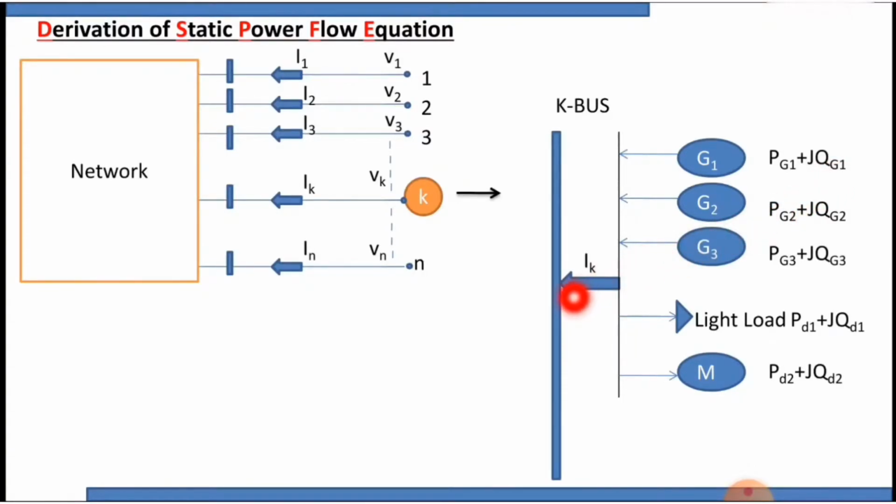These are the sources connected to this kth bus, and the loads connected here are the light loads and the motor load. For the light loads, let the demand be PD1 plus jQD1, and for the motor load, also a demand PD2 plus jQD2.